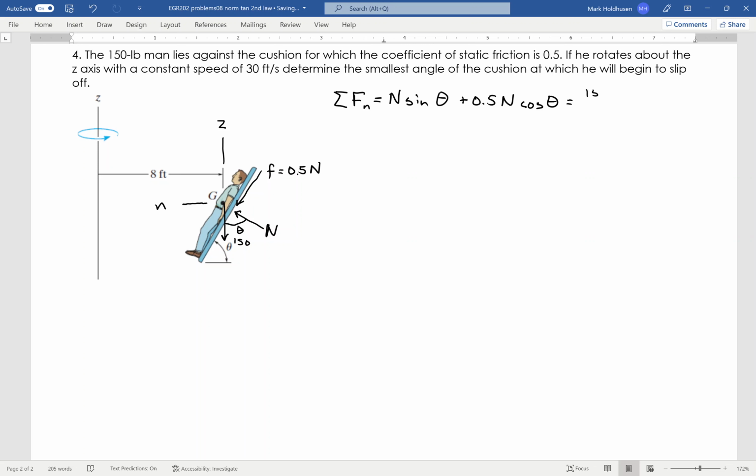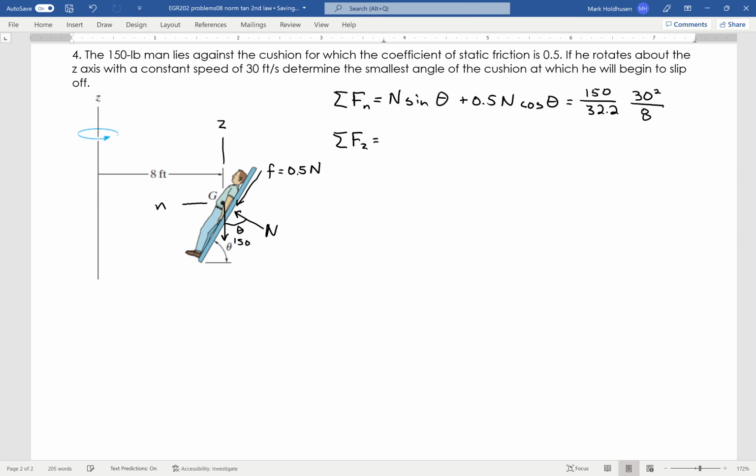So it's 150 pounds divided by 32.2. That gives me my mass, right? So I've got to get it into slugs. Okay, and the velocity is 30 feet per second. So I square that and I divide by the radius, which is given to be 8 feet here. And that's my normal force equation. So that's one equation.